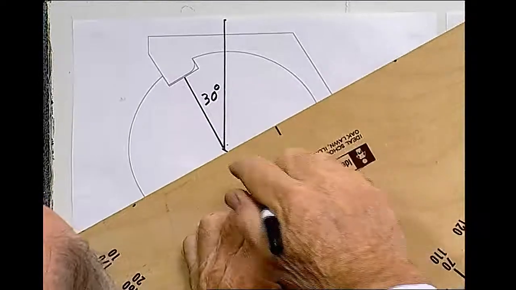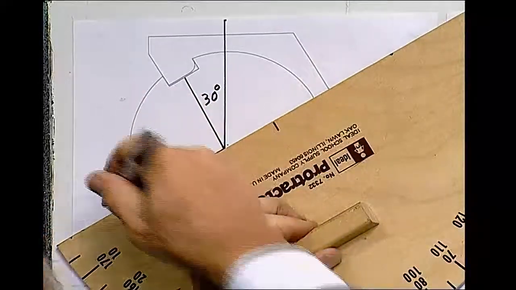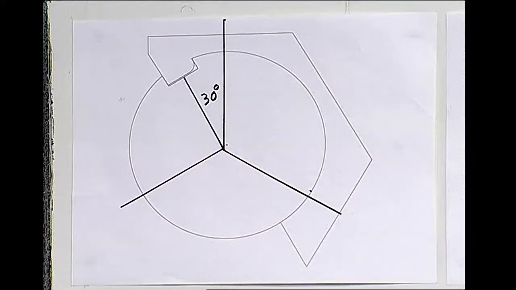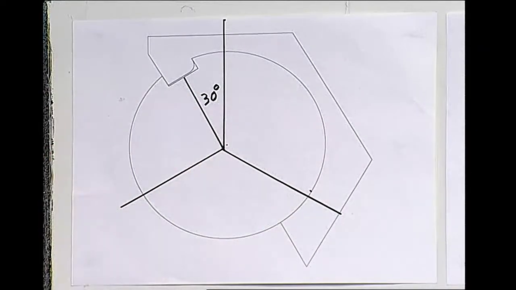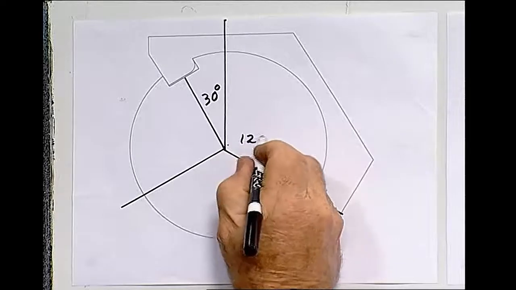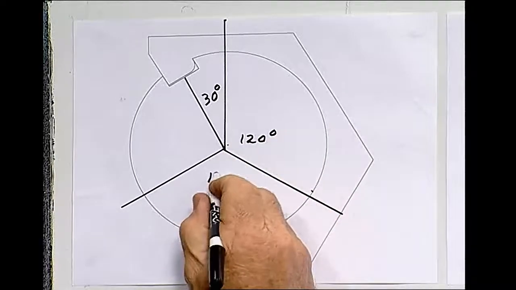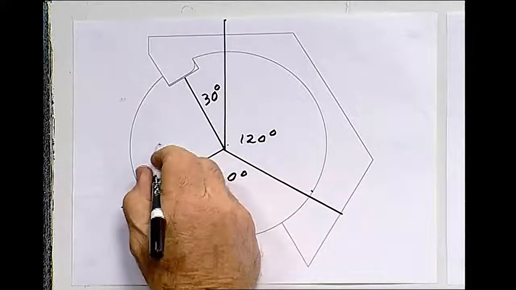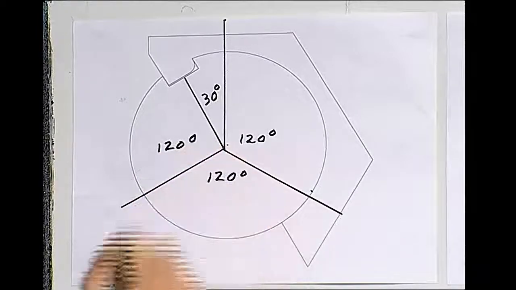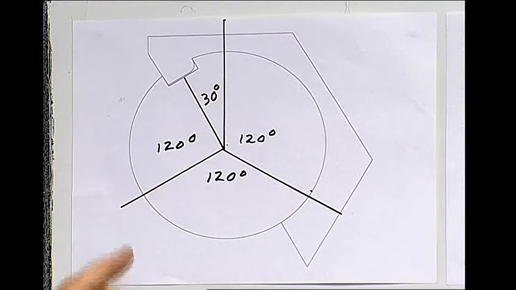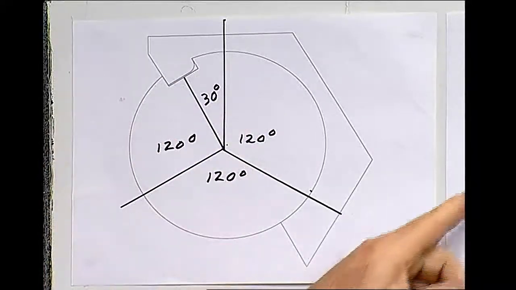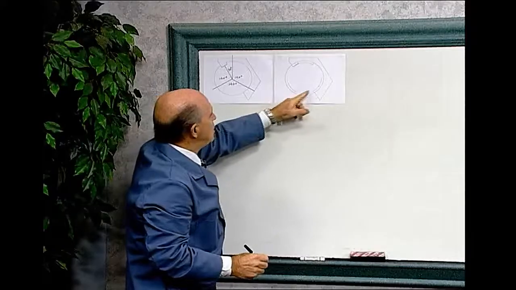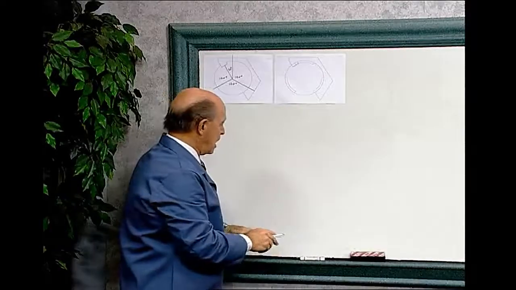And we would just rotate the part around and put this fixture on the other side. This is 120 degrees, this is 120 degrees, and this is 120 degrees. By using this fixture and rotating the part, we could now machine these slots.